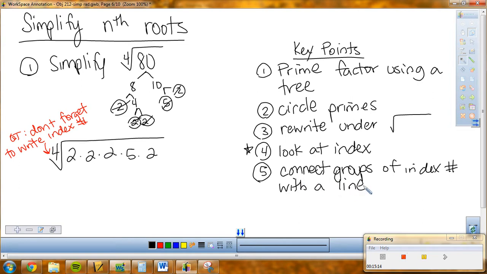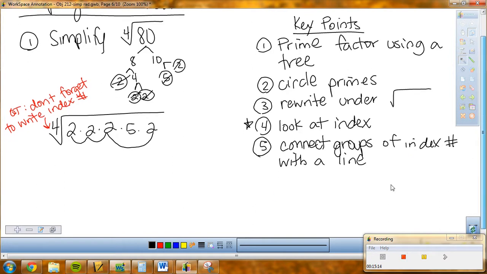So with our square root, we said connect pairs. Well here, because we have a 4, my index number is going to tell me I don't want pairs, I want to find groups of 4. So do I have any groups of 4? Well, I have a 2, 1, 2, 3, and I have this 2. So yes, I do have a group of 4.